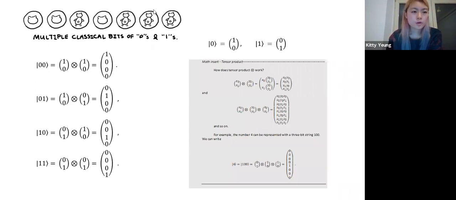If you have more classical bits, you can write it out as a combination of 2 bits, and the mathematics used here is called a tensor product. I've written out here how the tensor product works. This is basically how you put two vectors together and calculate the result: the first one times these two, the second one times these two. You can walk through the maths later. That's not critical right now.